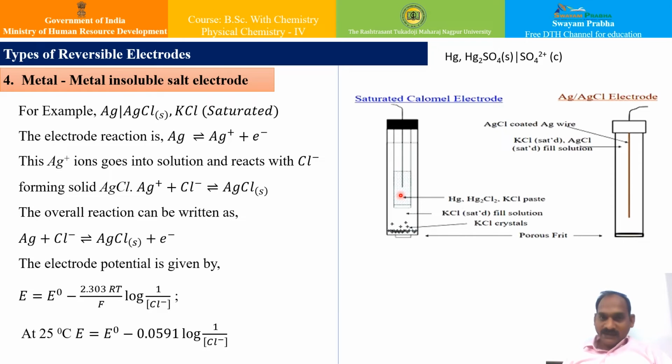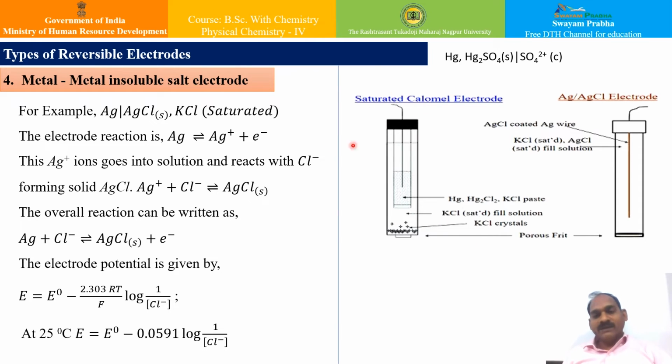And over this calomel paste, we put a solution containing chloride ions, say KCl, usually saturated KCl. So the electrode, represented as Hg2Cl2 in presence of chloride ions, is known as the saturated calomel electrode.